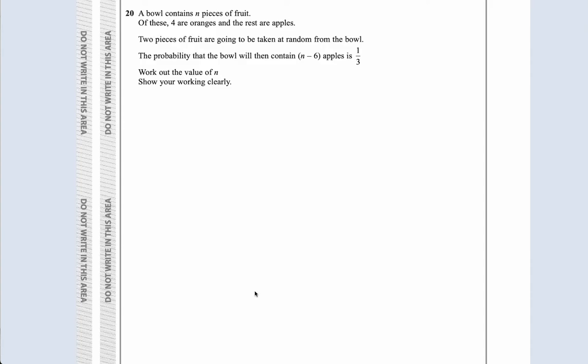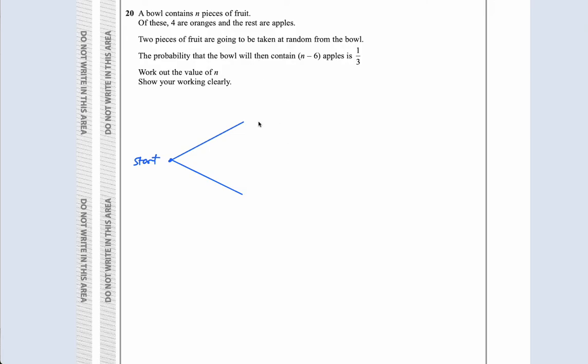Right, this is a tree diagram question, guys. And to be fair, not a particularly nice one. In fact, it's not nice at all. So let's try and draw it. This is the tree. I'm going to write start here. I like to write start. There's a bowl and it contains oranges. We're going to take 2 pieces of fruit.